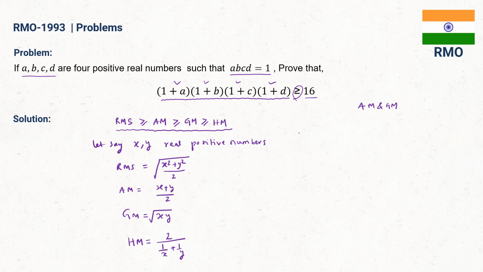Now let us solve this question. Here we will take AM greater than or equal to GM. Using this inequality, we can solve this question. We can prove this.